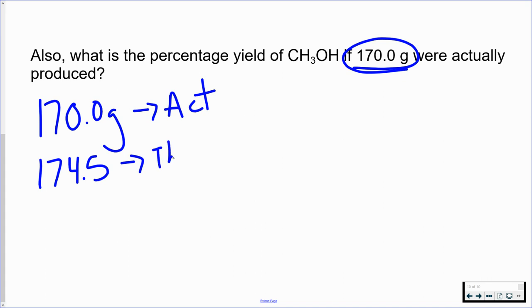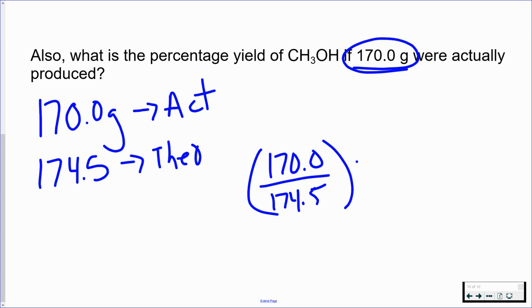This is the theoretical. So in order to determine how efficient it was, you're going to take the actual divided by the theoretical and multiply by 100. So we're going to take 170.0 divided by 174.5, and multiply it by a nice 100, and we're going to get a percentage. Remember, percentages, we're just going to keep to the hundredths place, and we get 97.42%. That's a great efficiency for a chemical reaction.